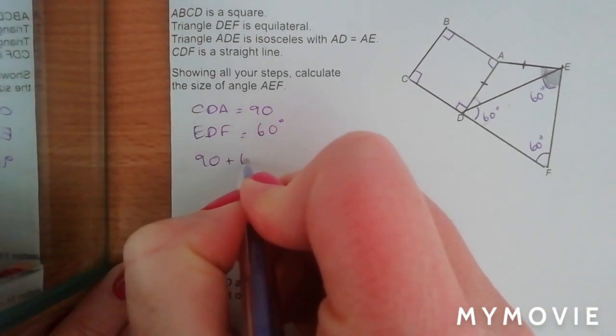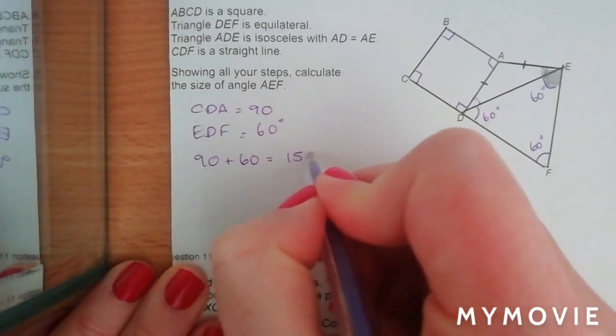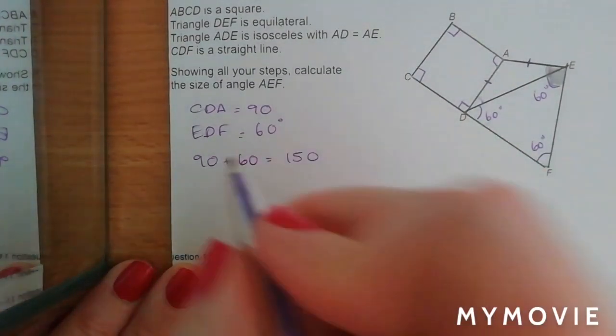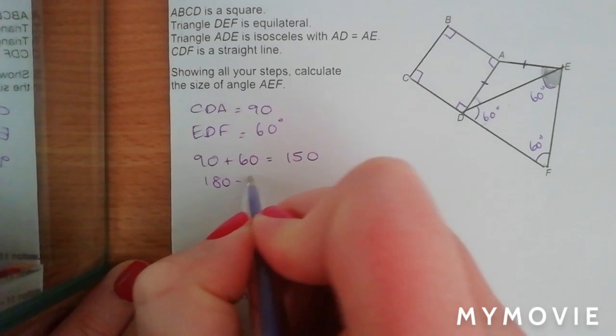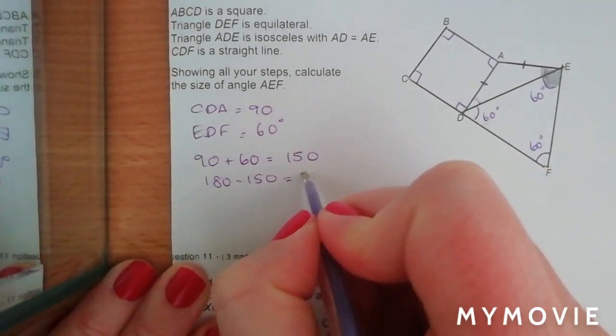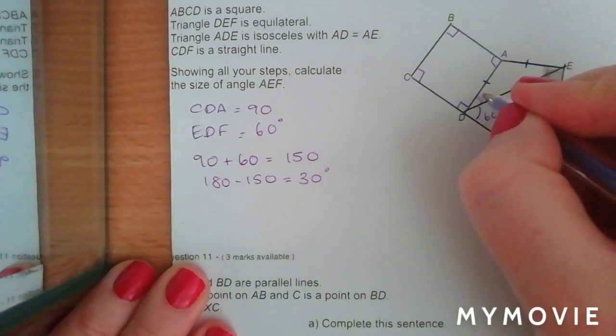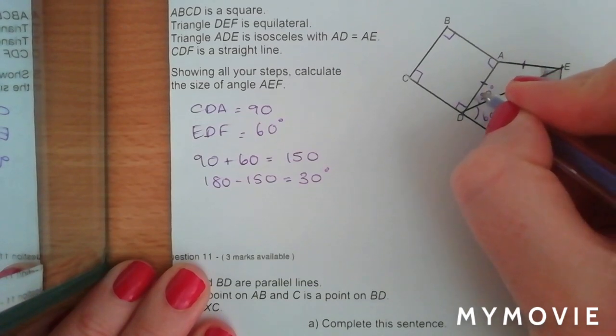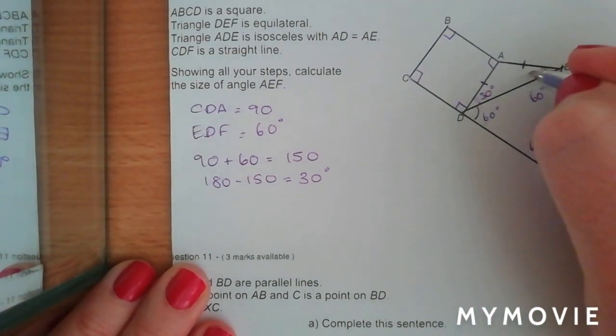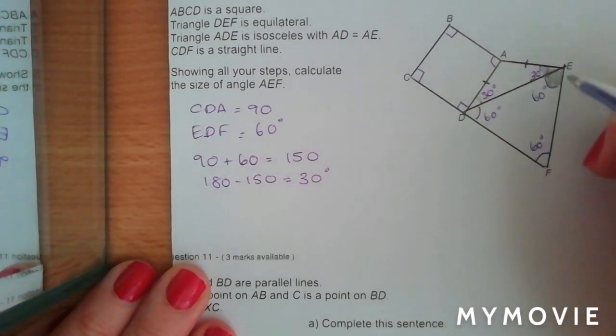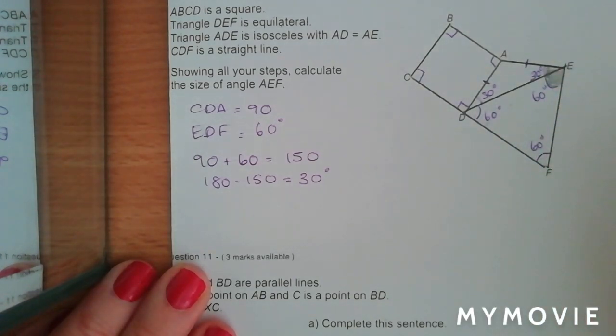So if we do 90 plus 60, which is 150, and subtract that from 180, we would get 30 degrees. So that is 30 degrees there, which would mean this bit is also 30 degrees using the properties of that shape being an isosceles triangle.